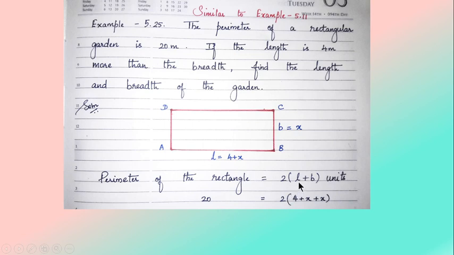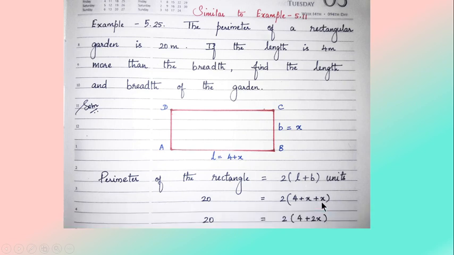In the place of L, we replace L is equal to 4 plus x. And in the place of B, we have assigned the breadth is equal to x. Then in the next step, we have x plus x. They are like terms, that's why we can add them. So x plus x is equal to 2x.